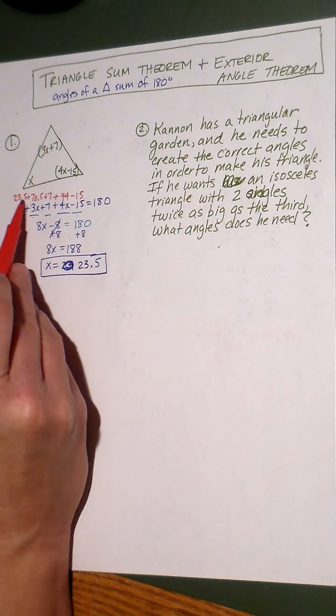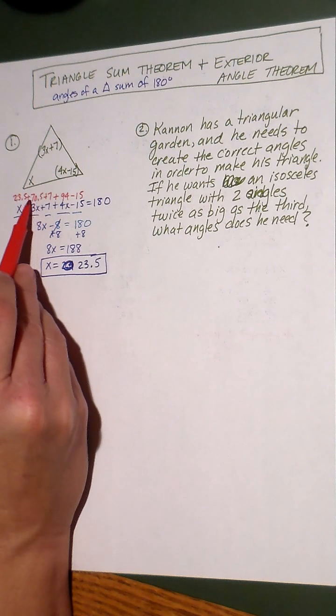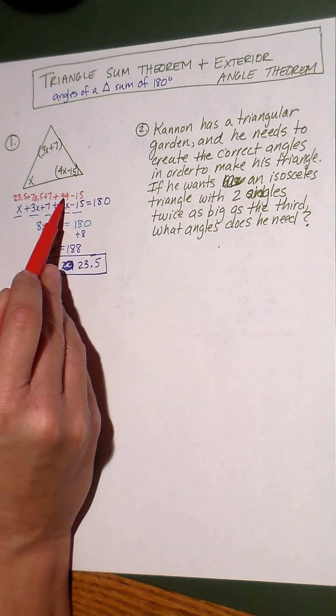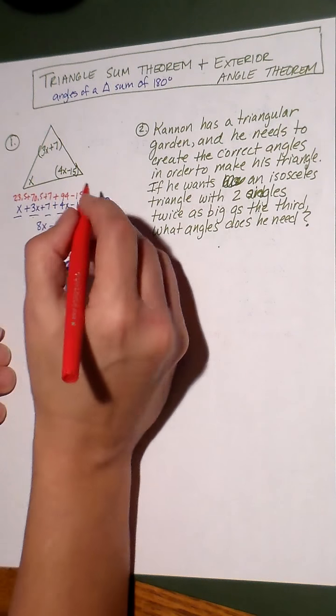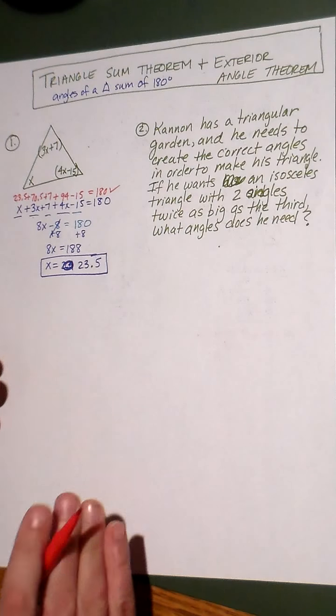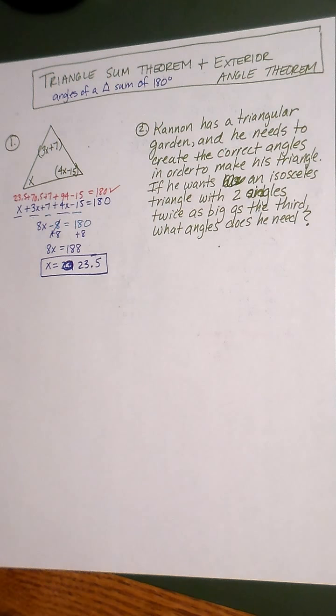So these two combined would give me 94. Plus 7 would give me 101. This would be 195 minus 15, which is 180. Boom, got it. All right, so let's look at a word problem with the triangle sum theorem.